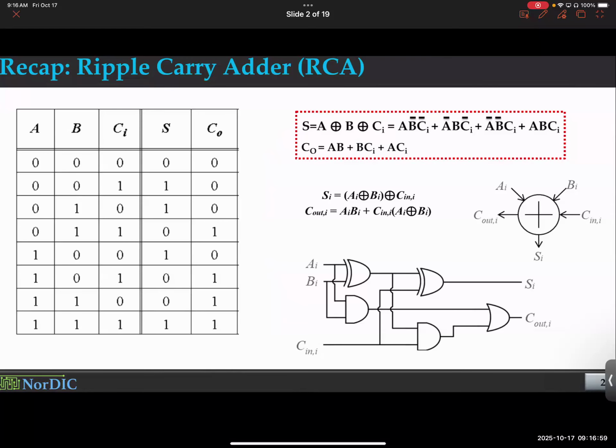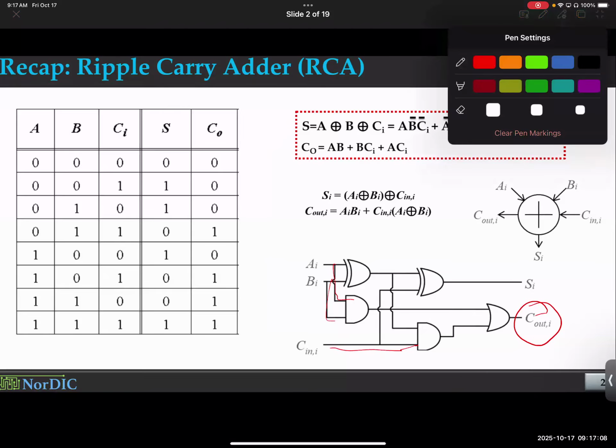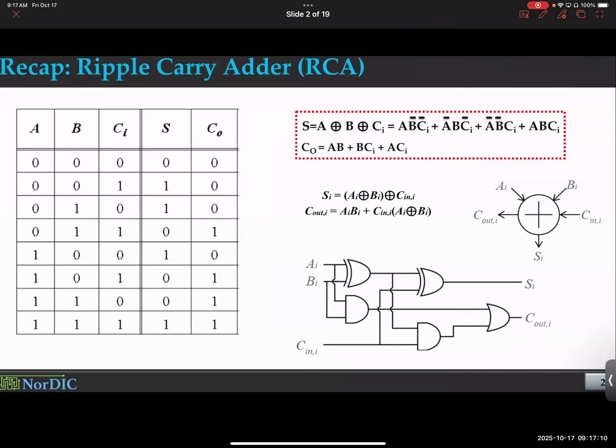That's one example. And also notice you are doing carry out using A, B, B, C, and C, A, basically. So notice you are getting AB here, and this is another AND gate that is giving you the rest of it.